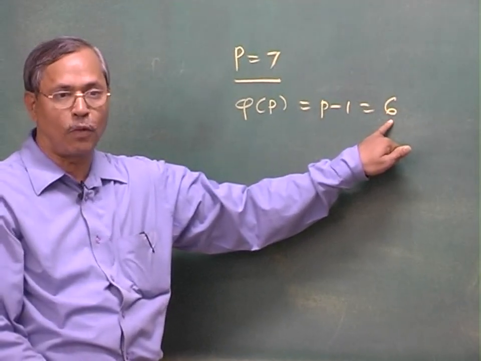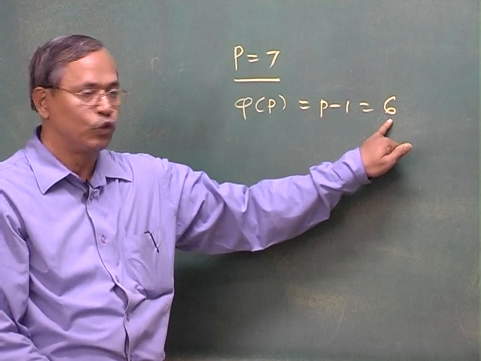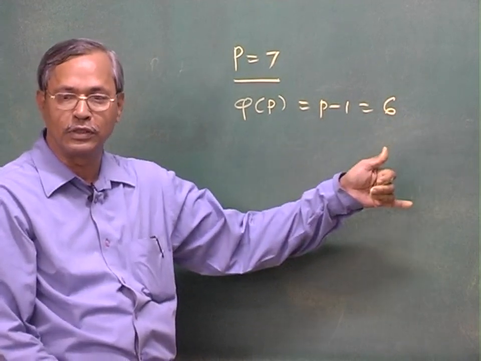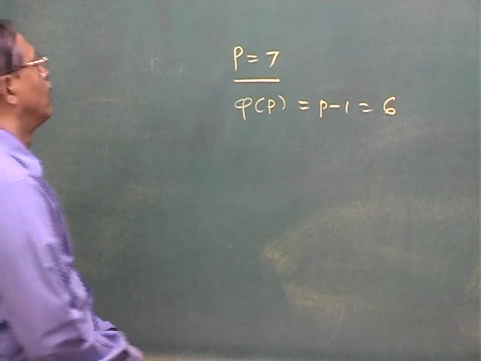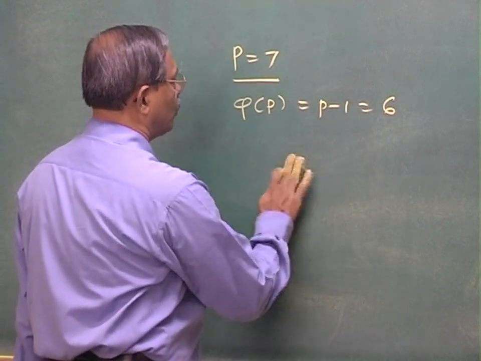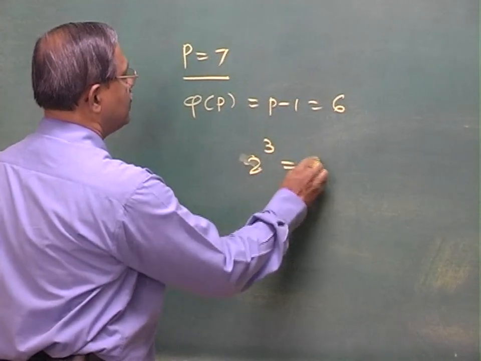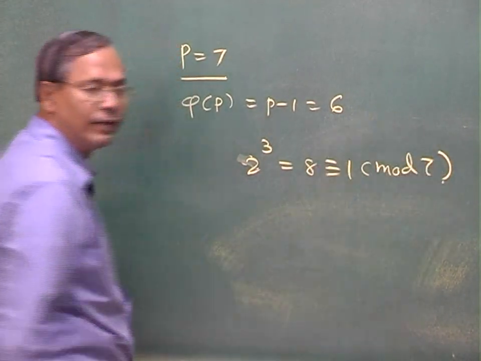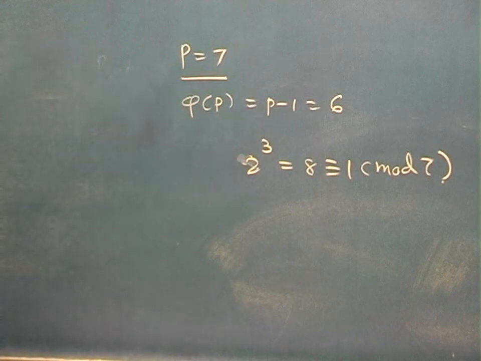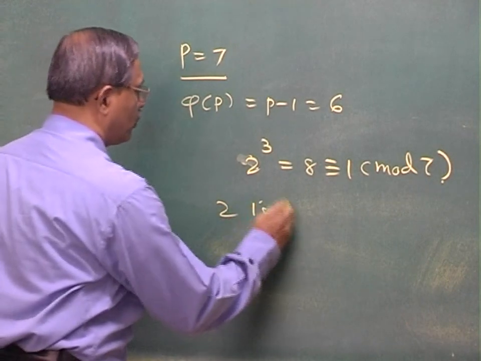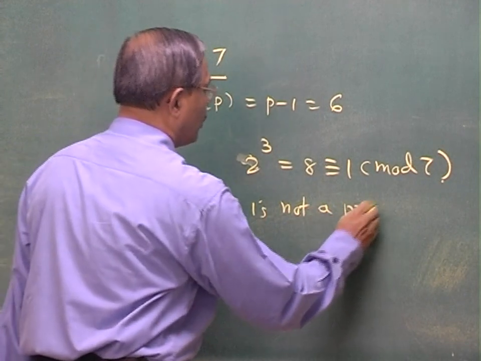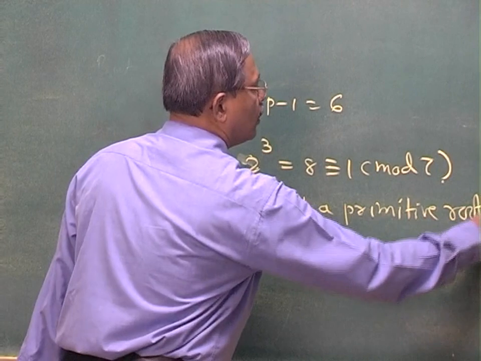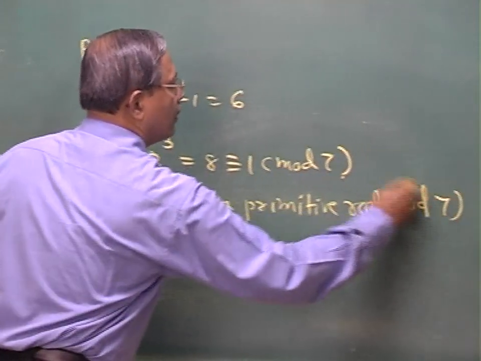Always, the order of an element divides phi of m. So it is either 1 or 2 or 3 or 6. These are the 4 possibilities. And you will just see that 2 raised to 3 is 8, congruent to 1 mod 7. So 2 is not a primitive root mod 7.